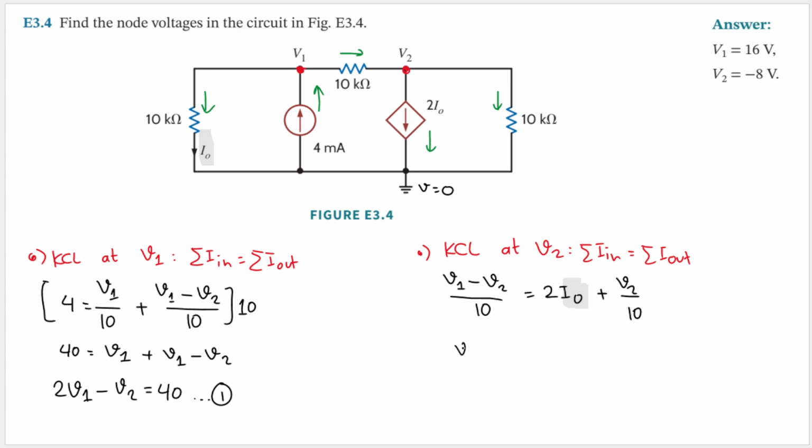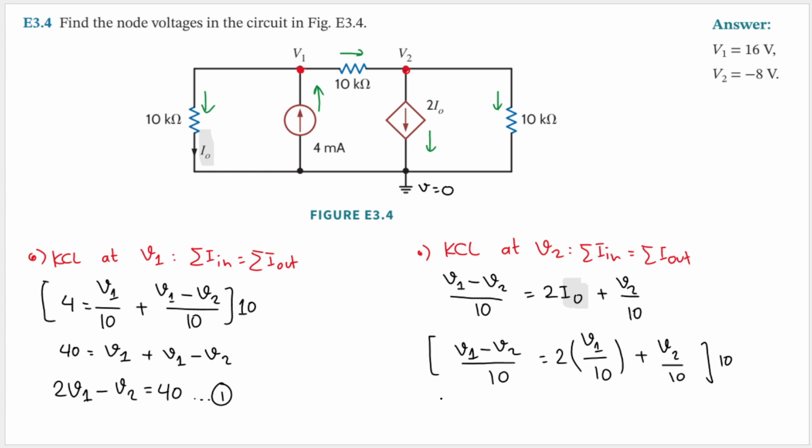So we will have V1 minus V2 divided by 10, and then we will have 2 multiplied by V1 minus 0 divided by 10, which is V1 divided by 10, and then plus V2 divided by 10. Good. And I think we can multiply both sides by 10 to get rid of all the 10s below.